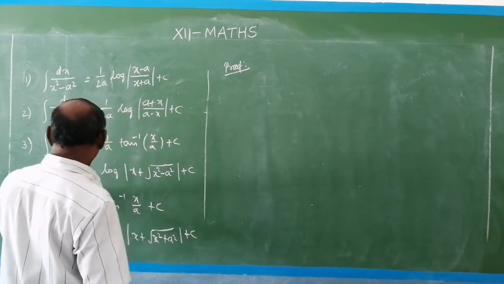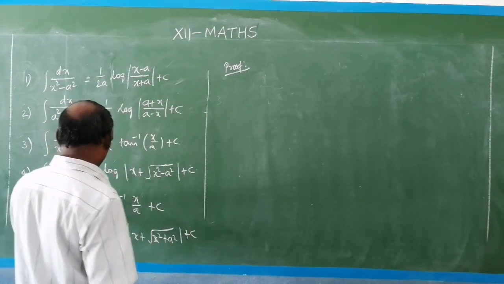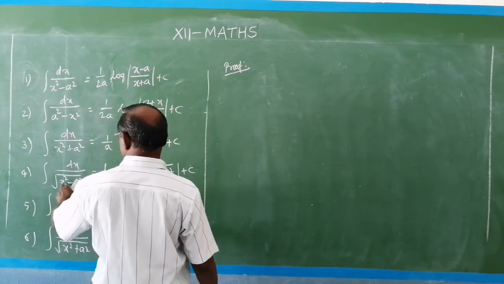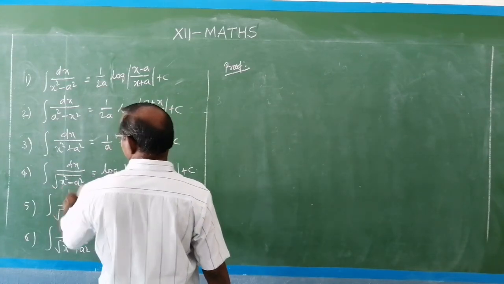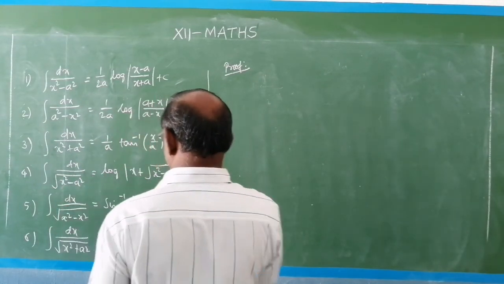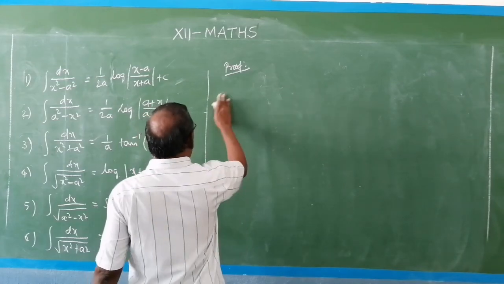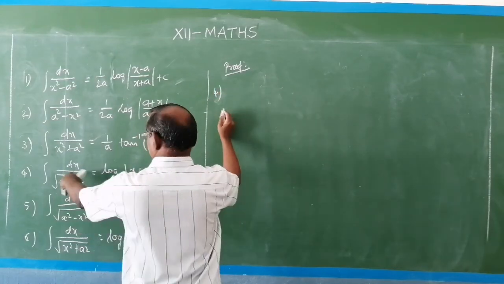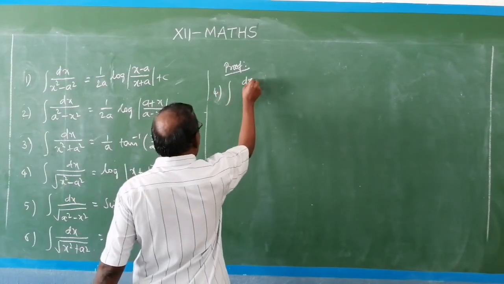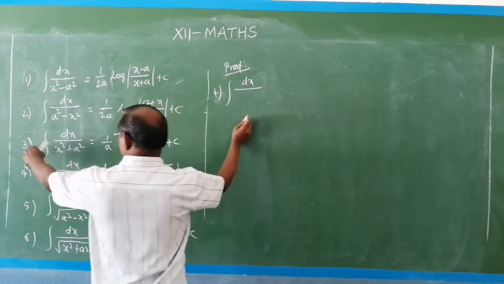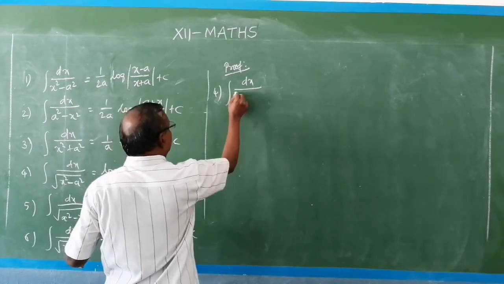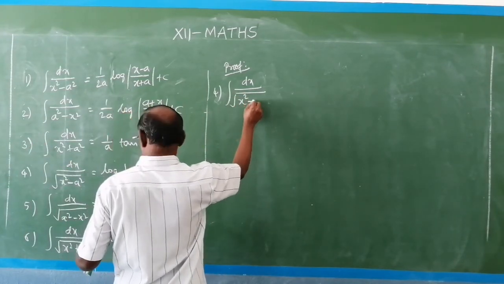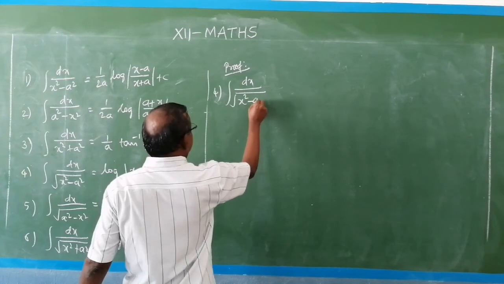Result 4 can be obtained by substituting x equal to a secant theta. Now result 4, integral dx divided by root of x square minus a square.